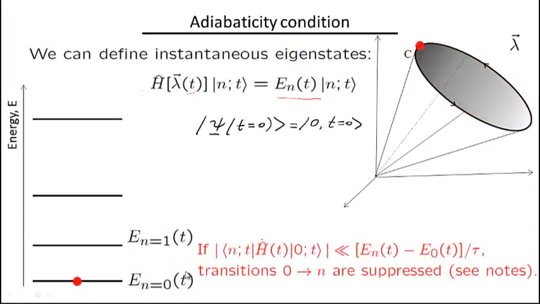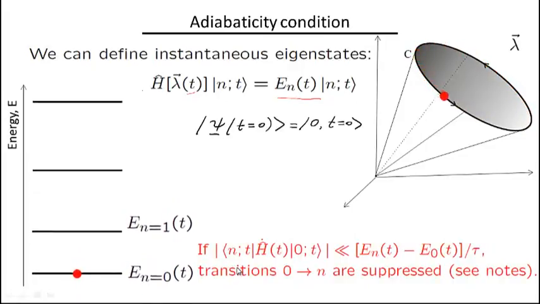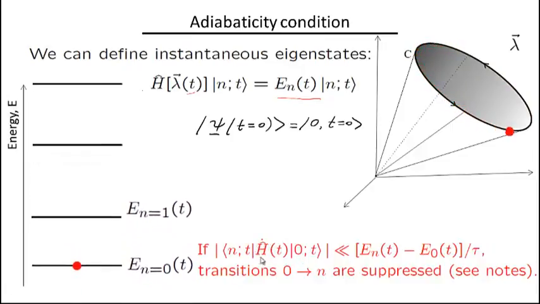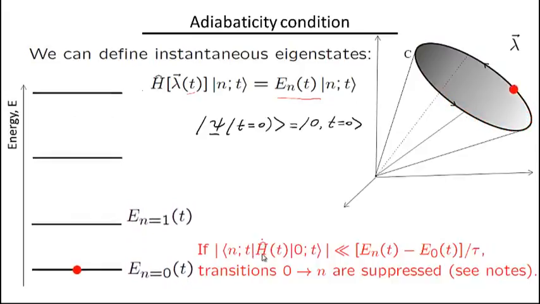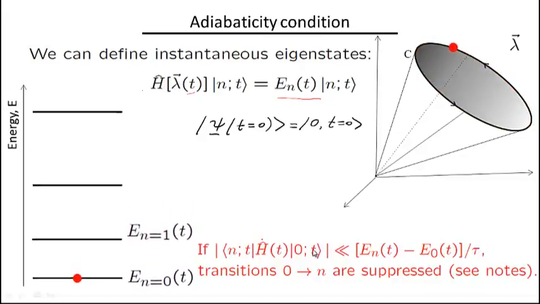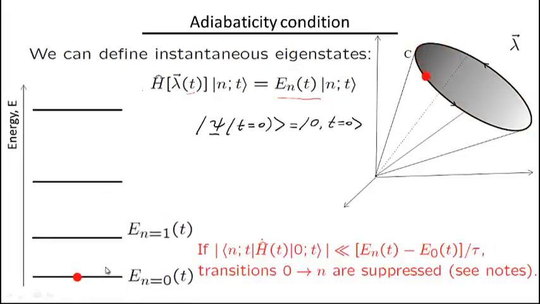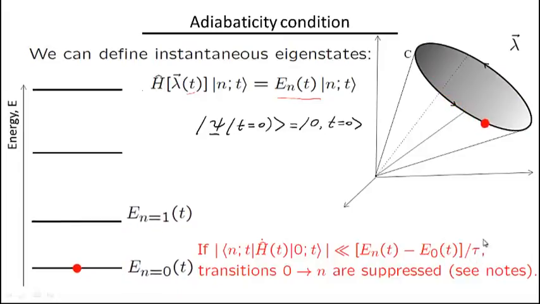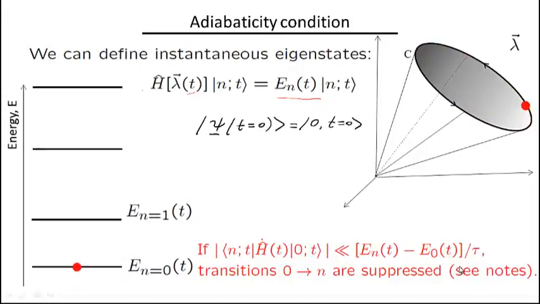If you go through this derivation, you will see that the condition for having no transitions is that the matrix element of the derivative of the Hamiltonian, which is an operator, dH/dt, between two states, let's say the ground state and, for example, the first excited state, must be much smaller than the level spacing, the distance between these energy levels, divided by the characteristic time at which the change in the Hamiltonian occurs.